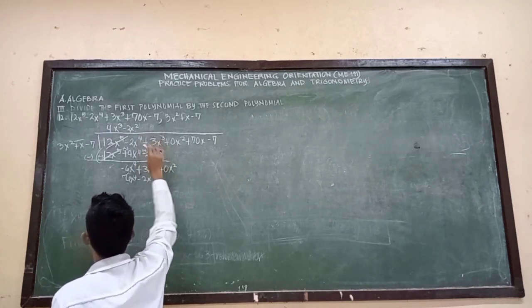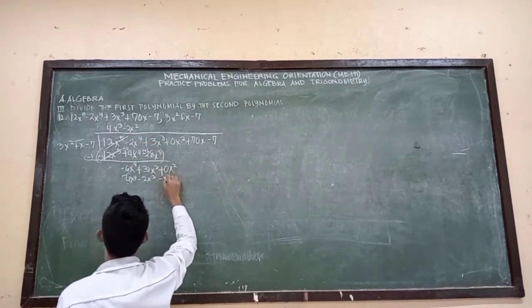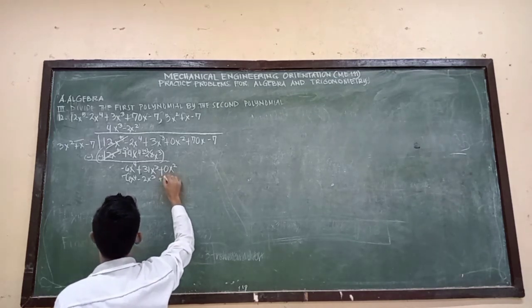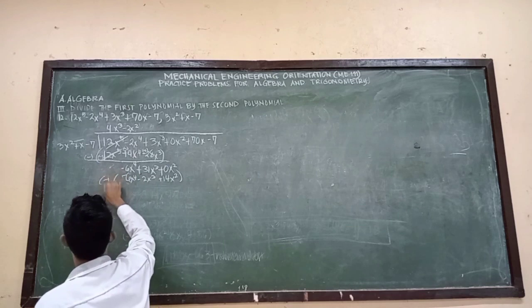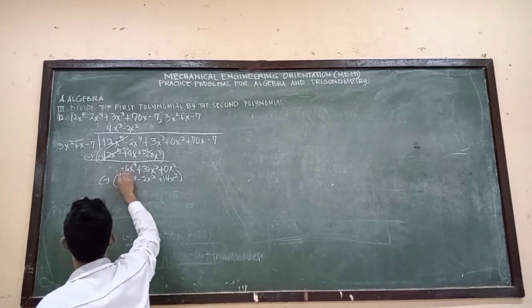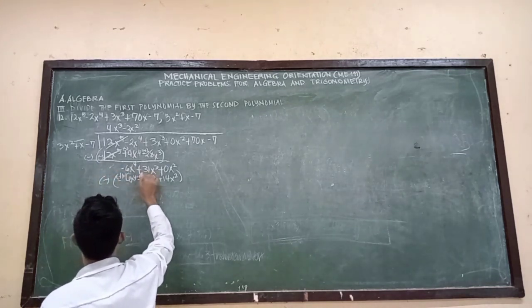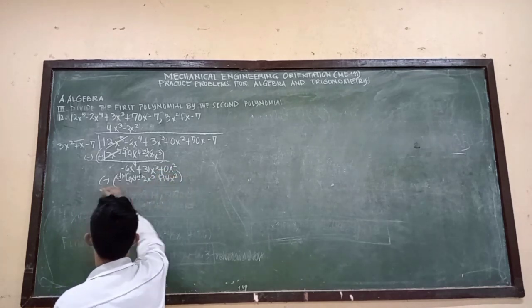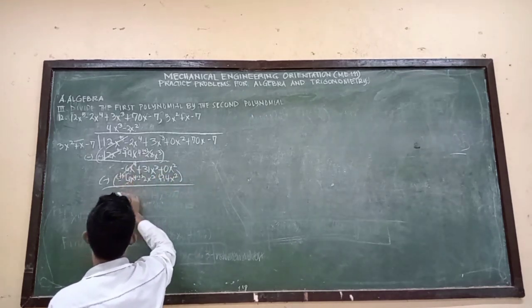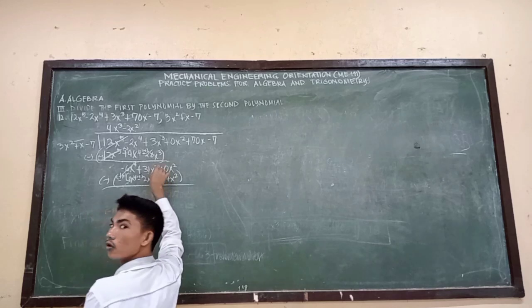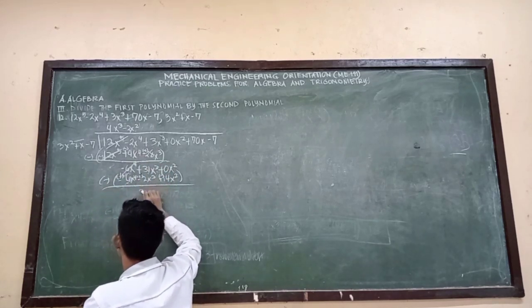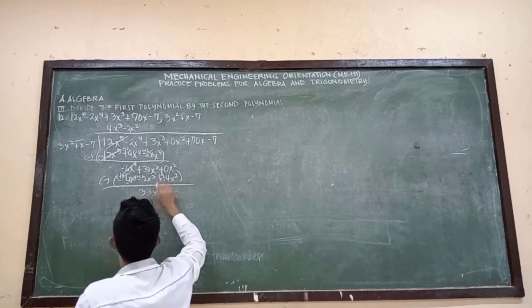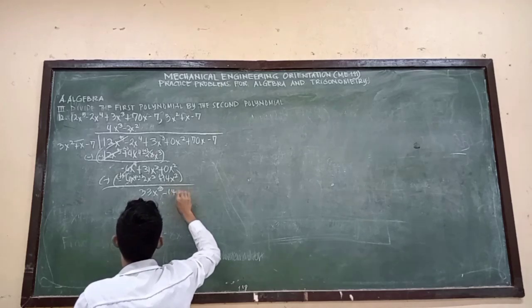Negative 2x squared times negative 7 will give us positive 14x squared. Multiply with the negative sign, so this one will be positive, this one will be positive, and this one will be negative. Cancel. 31x cubed plus 2x cubed will give us 33x cubed, and then negative 14x squared.